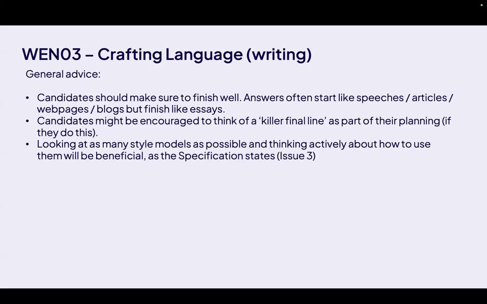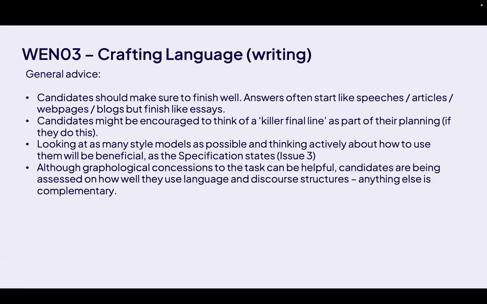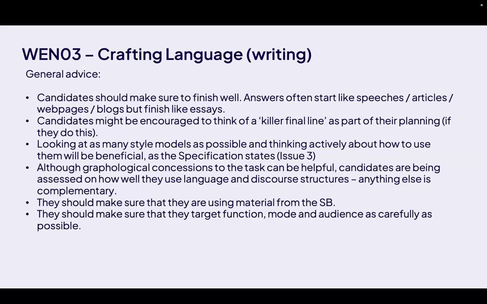Maybe look at style models in the specification, like I mentioned, issue 3. I mentioned graphological concessions. It's helpful to make sure that they are aware of the graphology involved in this task. Make sure they're using material from all three texts, and make sure that they target function, mode and audience as carefully as possible.